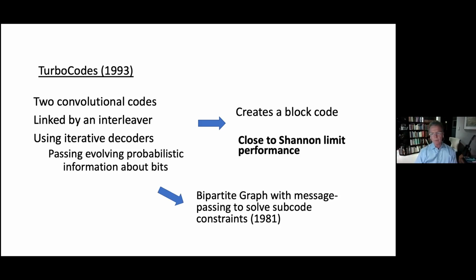Now, from my point of view, it was very nice because it brought attention back eventually with the work of Niclas Wiberg and Andy Loeliger to looking at codes as bipartite graphs and using message passing decoding to solve the system of coding constraints. And for the most part, at this point, it's still a lot of concentration on the pure parity check, but you can do other things as well.